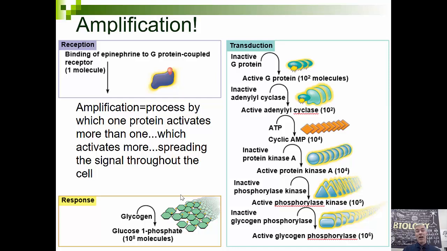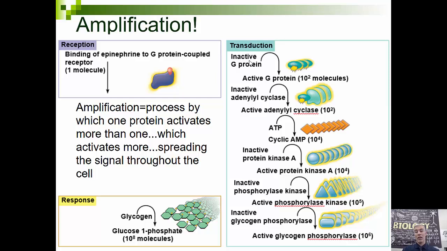So amplification is the process by which, instead of a one-to-one passing of the signal, like was kind of evident in the Rube Goldberg machines we were talking about, one ligand binding to one receptor actually activates 100 G proteins, not just one like we looked at. And each of those goes and activates 100 adenylyl cyclases. Each adenylyl cyclase produces 100 cyclic AMPs every time they're activated.